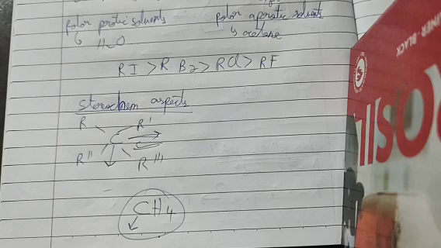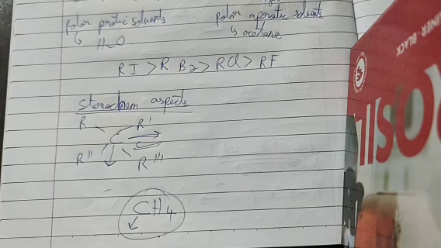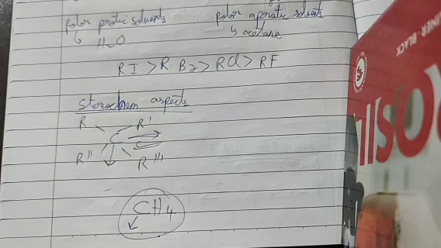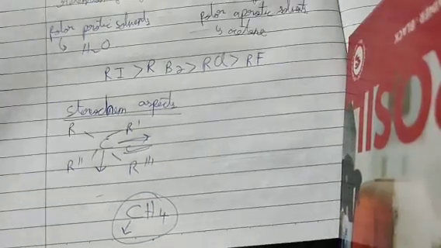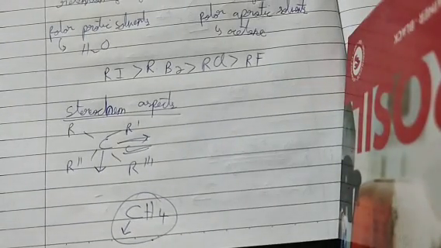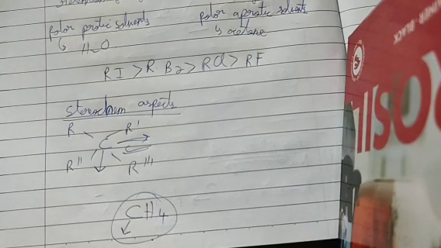Retention is seen in the case of SN1 reaction, and inversion in the case of SN2 reaction. Both of these do not require a chiral carbon atom, meaning having a chiral carbon atom is only required for the stereochemical aspects of the reaction.